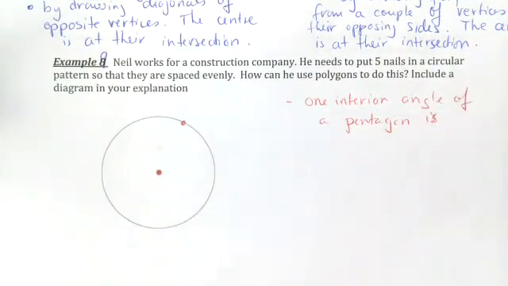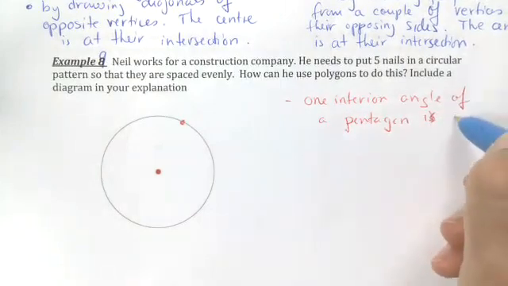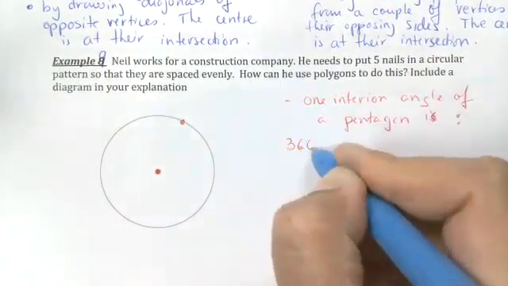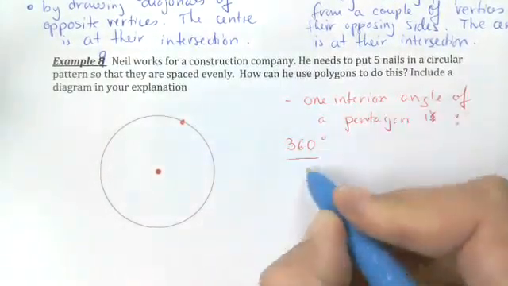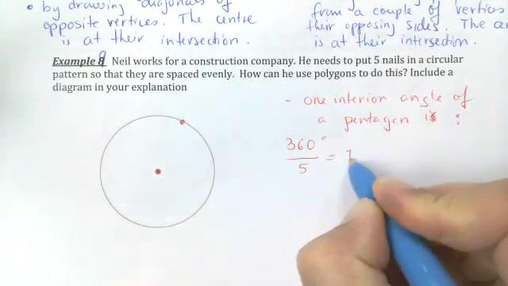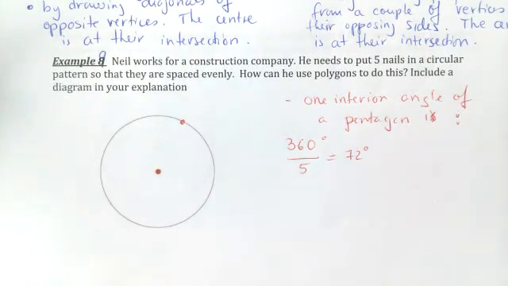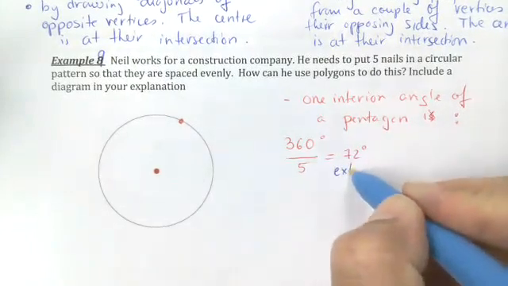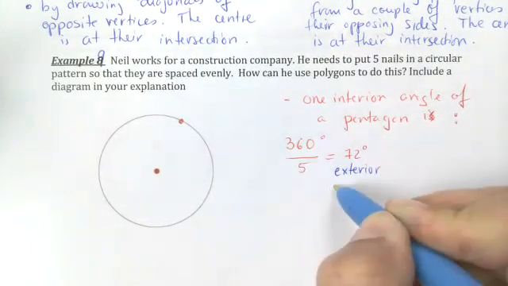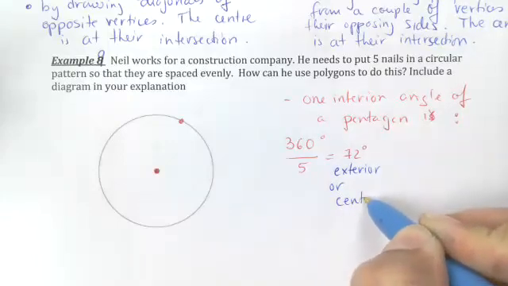So we will have to go to either the central angle or the exterior angle first. We can do 360 degrees divided by 5, which gives 72. This is not yet the interior angle. This is the exterior or central angle.